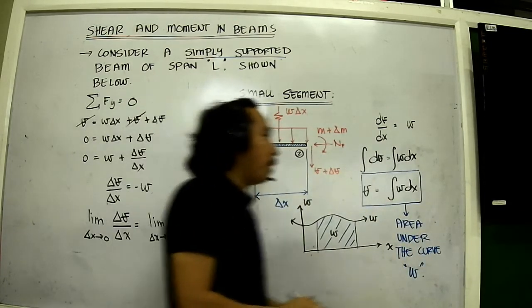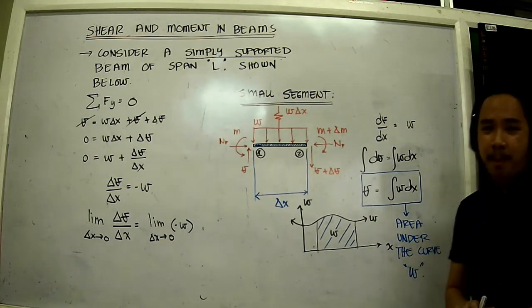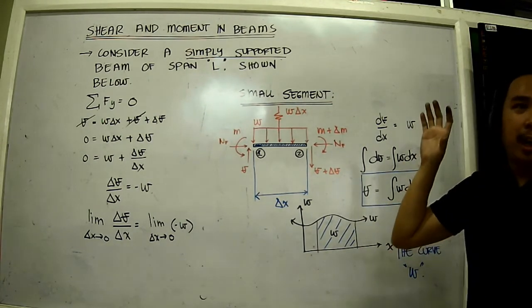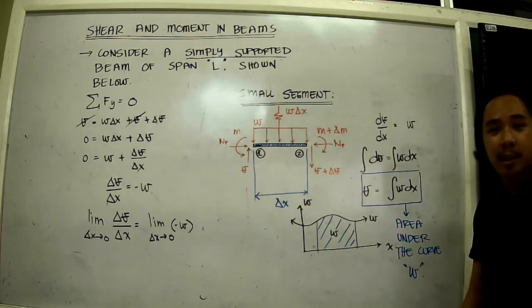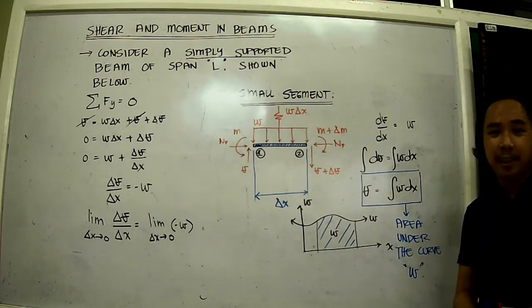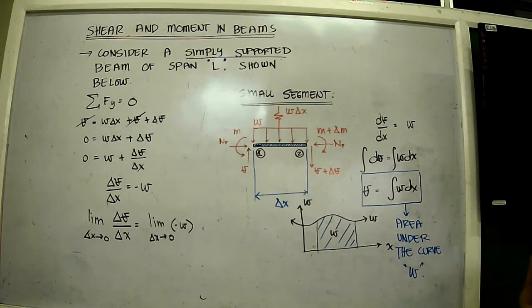Area under the curve of load. This means that when we graph W and solve for the area below the curve, that is shear. Shear is the area under the curve W. That is the fundamental relationship.